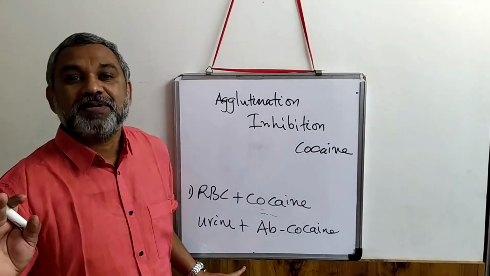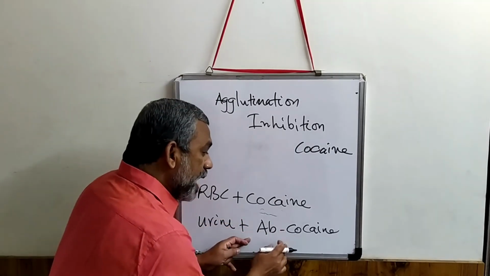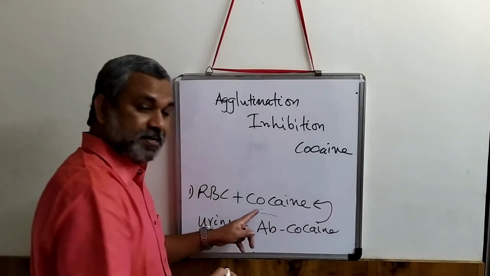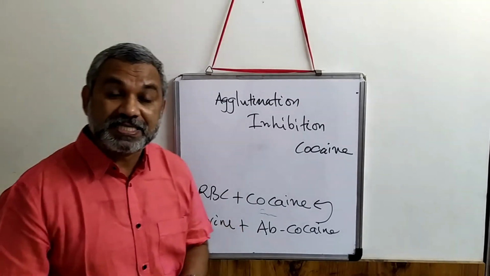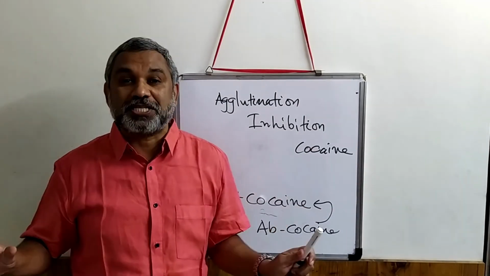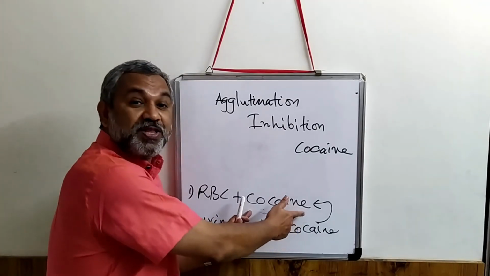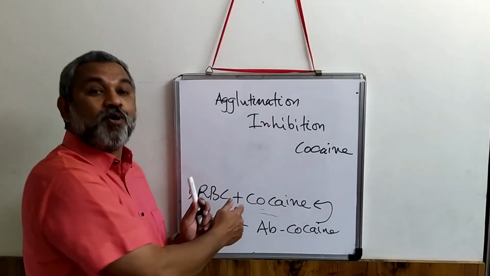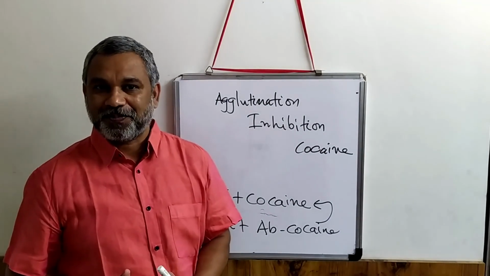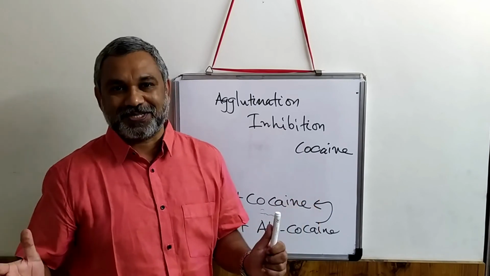No free antigenic determinants or cocaine remain. Now this sample is added to the RBCs coated with cocaine. Because all the antibodies have been used up, the antibodies are not able to bind with the cocaine coated on the surface of the RBC. What will be the net effect? No agglutination happens.